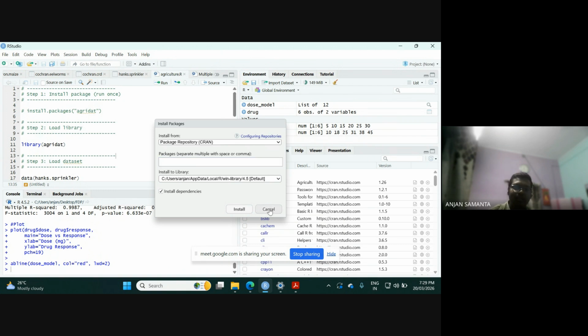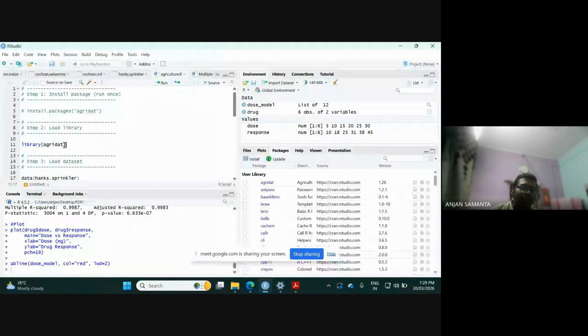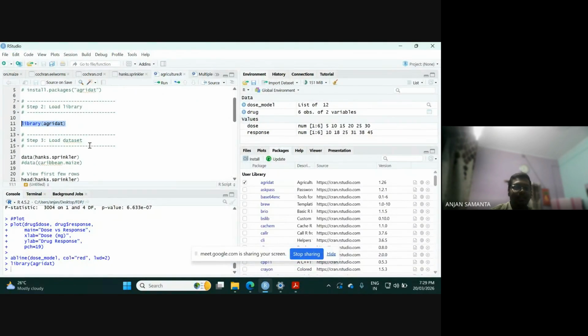I've done that already, and you have to write library(agridat). It will give you access to the agridat library, and this particular dataset has many kinds of agricultural data. But with irrigation, there is a direct application of a dataset which is called hanks.sprinkler.